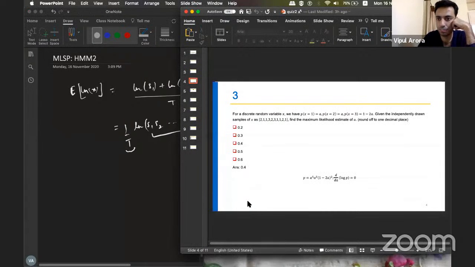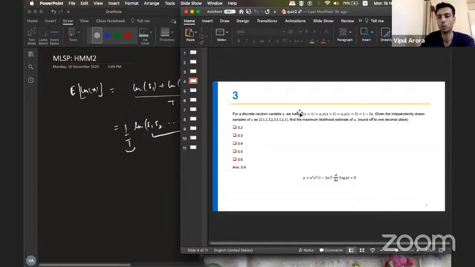Next is, given the draws, find the maximum likelihood. This was a little harder, you have to think from the basics. What is the meaning of likelihood? Likelihood is basically the probability of observing all these observations. So what is the probability of observing this sequence? Basically the probability of observing 2 times the probability of observing 1, because these are all independent.